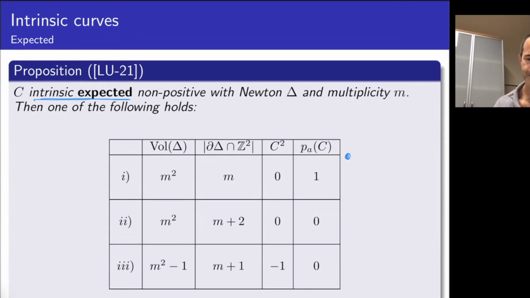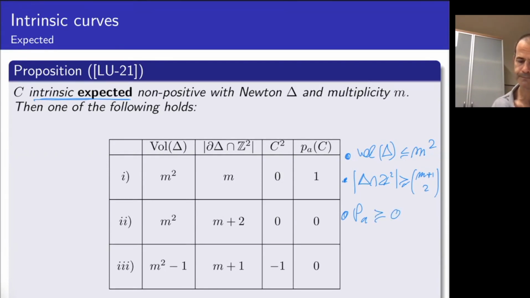We have one inequality saying that the curve is non-positive, so the volume of delta is at most m squared. The second one says that the curve is expected, so the number of integer points is at least the binomial. And the third inequality is that the arithmetic genus is non-negative, since this is an irreducible curve.